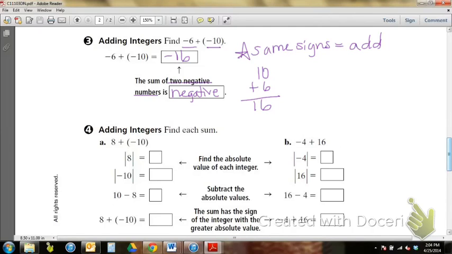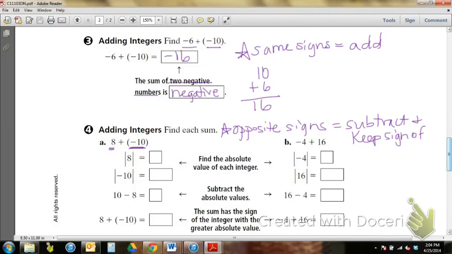Okay, so now here are two more. These have opposite signs. Here's a positive number, here's a negative number. So for opposite signs, what do we do? We subtract. And we keep the sign of the bigger number.